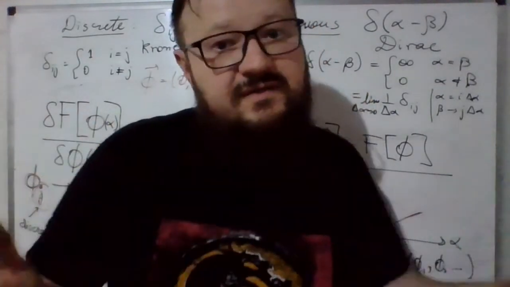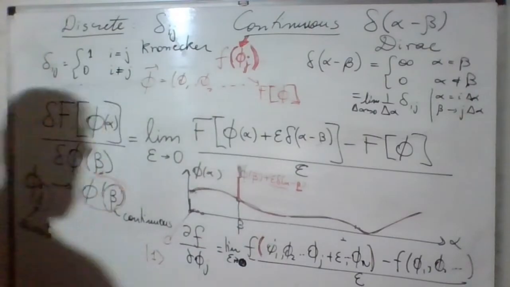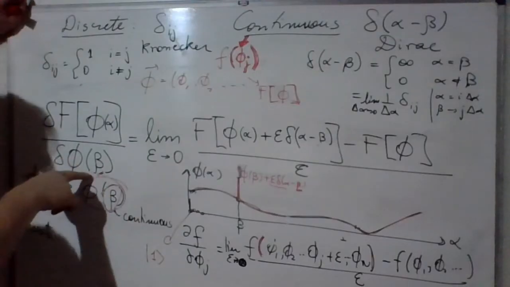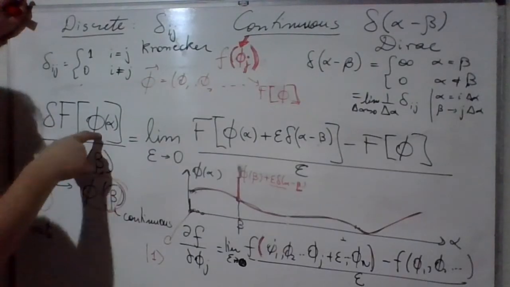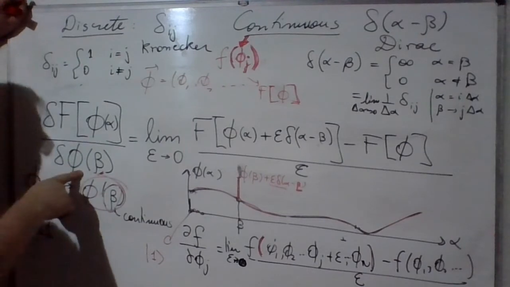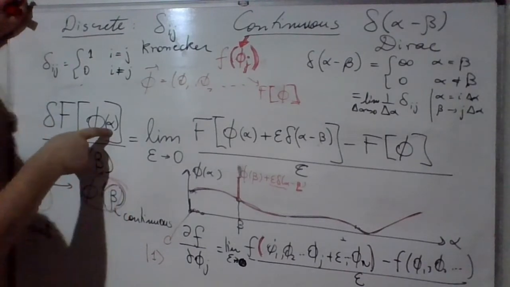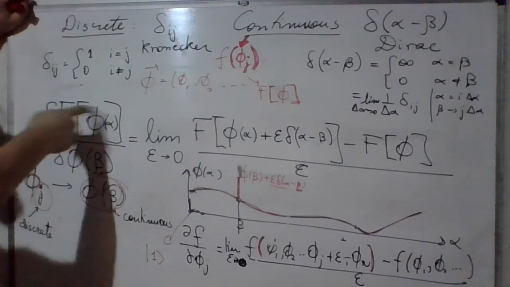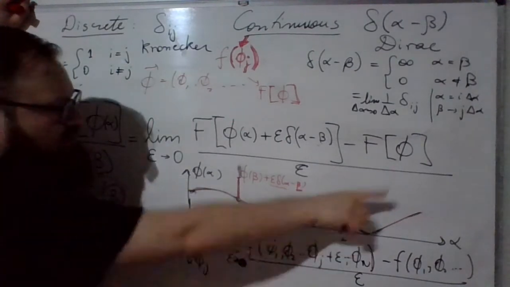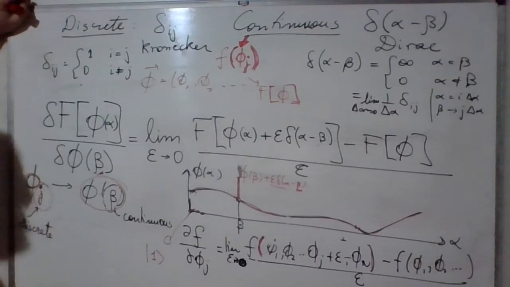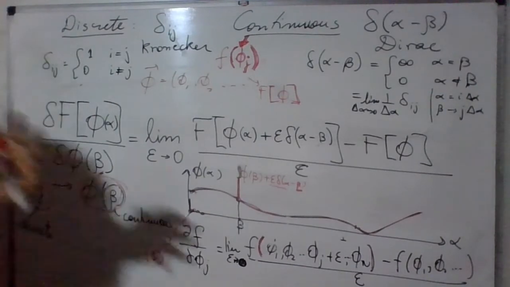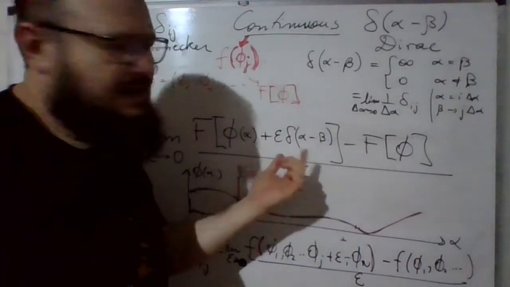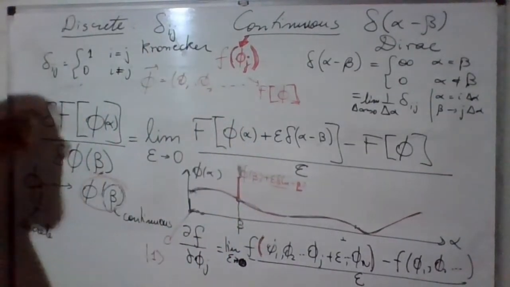It is a derivative, but since the argument now corresponds to having a continuous index, the values of phi are indexed by a continuum, you need to just adapt a little bit the definition of partial derivative.